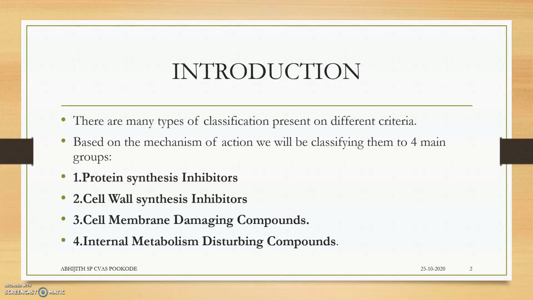The next one is internal metabolism disturbing compounds. There are many compounds that disturb the internal metabolism of the bacteria and stop the growth, reproduction and replication of bacteria. Actually, protein synthesis is an internal metabolism, but protein synthesis inhibitors are very famous and we have to study a lot of details about them, so they are classified separately.